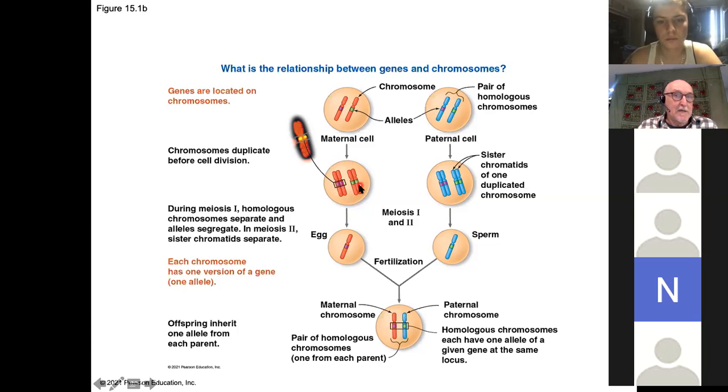It has a homolog, but during the course of meiosis 1, those chromosomes get entirely separated from one another. Then in meiosis 2, the individual chromatids get separated from one another.